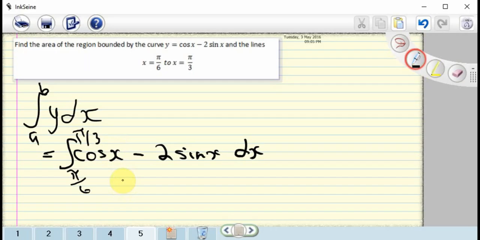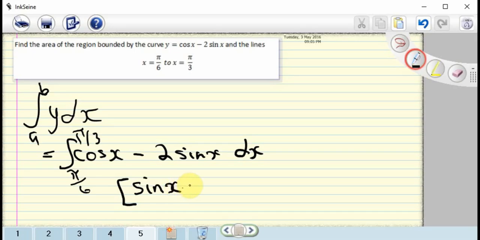So let's integrate. Seeing that it is sum and difference integration, we just integrate each part. When you integrate cos x, we get sin x, multiplied by 1 over the derivative of x, which would be 1.